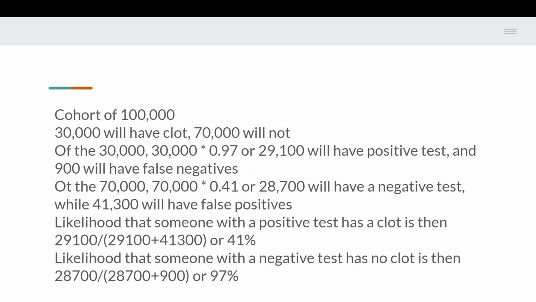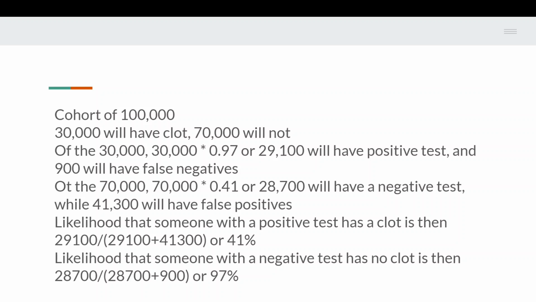Let's do this again like we did for Cologuard. We take a cohort of 100,000 with a prevalence of 30%. That means 30,000 will have clot and 70,000 will not. Of the 30,000 who have clot, that 0.97 means that 29,100 will have a positive test and there will be 900 false negatives.